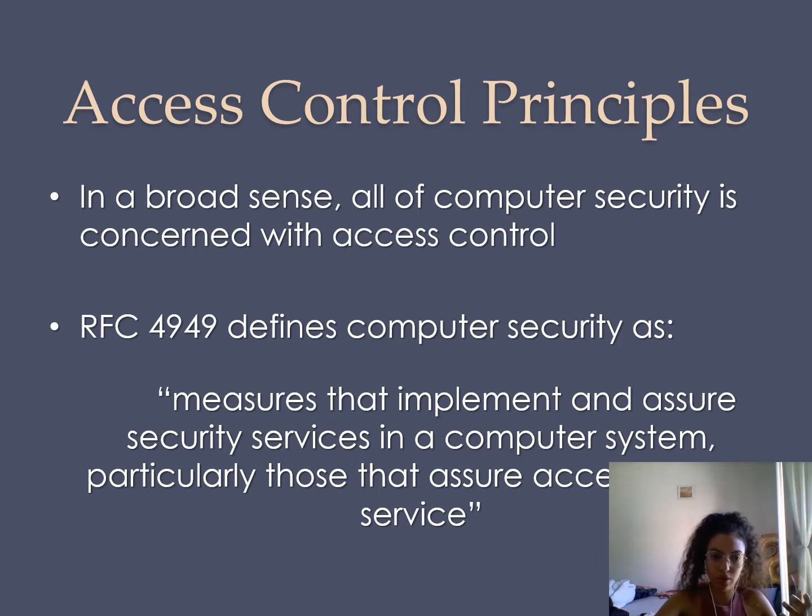So this chapter deals with a narrower, more specific concept of access control. Access control implements a security policy that specifies who or what, for example in the case of a process, may have access to each specific system resource and the type of access that is permitted in each instance.